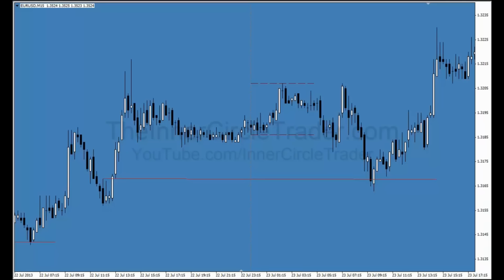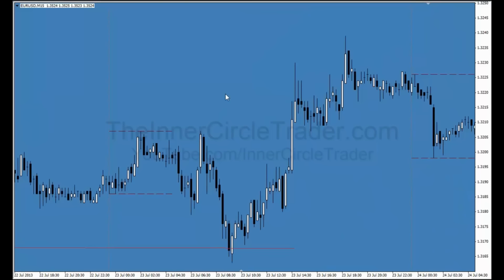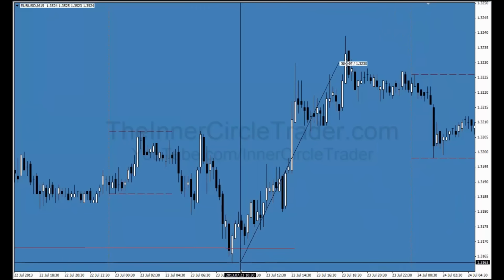Let's see what that does here. We're just going to eyeball it, and we're talking about 27 pips. So it worked lower 27, but moved off of the lows for the day to the tune of 76 pips. So it's basically 3 to 1 almost.